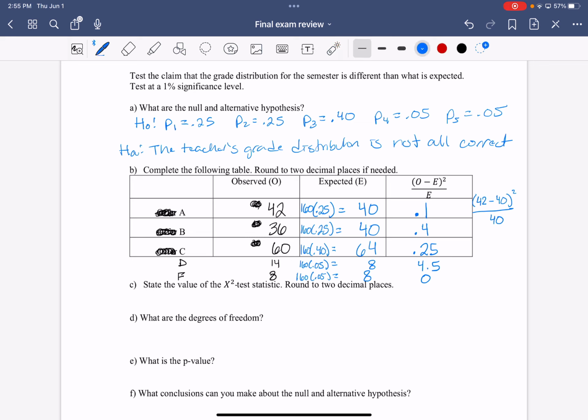So chi-squared equals 0.1 plus 0.4 plus 0.25 plus 4.5 plus 0, which gives you 5.25. I have a question. On the exam, do we have to write it out, or can we just solve it? You can just solve it, but what if you accidentally miss a number? Then there's no room for partial credit, right?